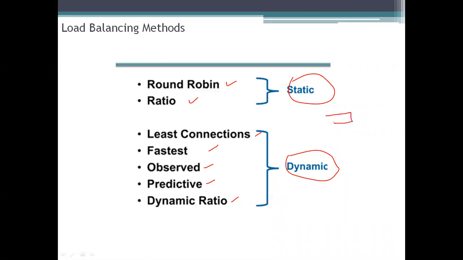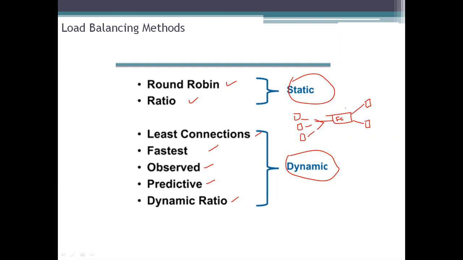This is your F5, and in the back end you have, let's say, two servers. The traffic is coming to the F5. Let's say multiple users are hitting to access that particular virtual server on the F5.